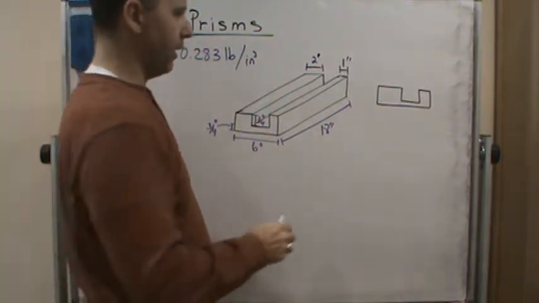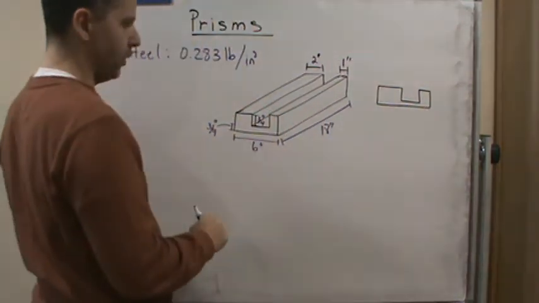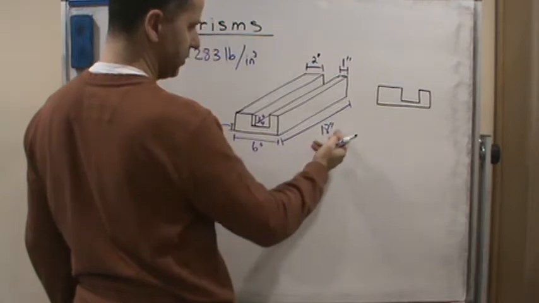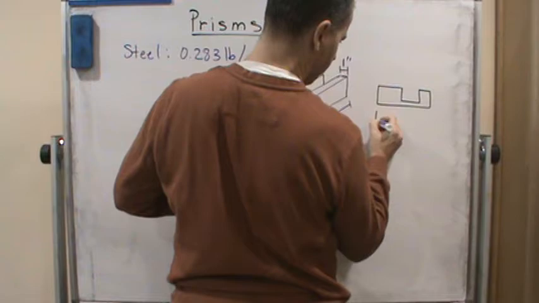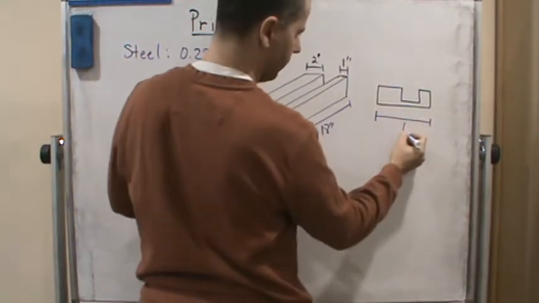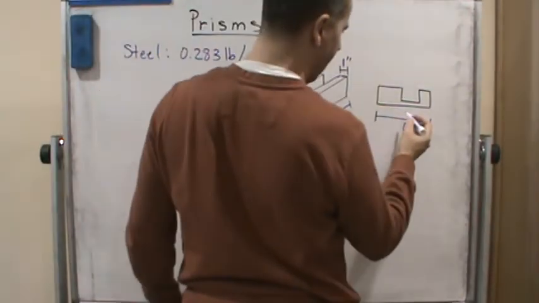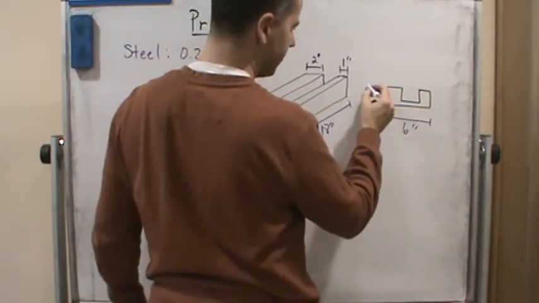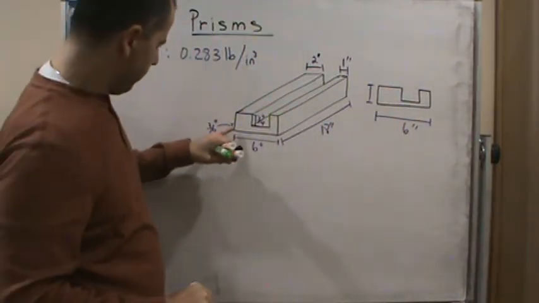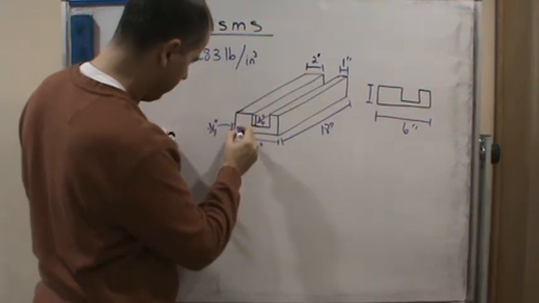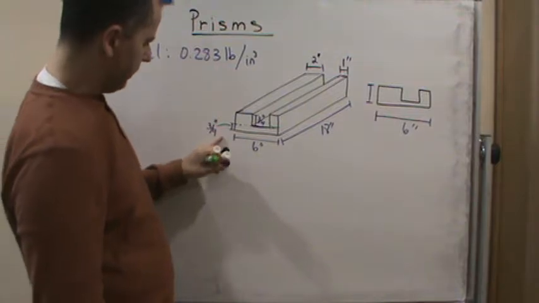So what we're going to do is, now I drew this cross-section so we can fill that in. So notice that the length is 18 inches, okay? The width is 6 inches. And then here we've got a couple of things. This here is what? Well, we know that from here is 3/4 of an inch.